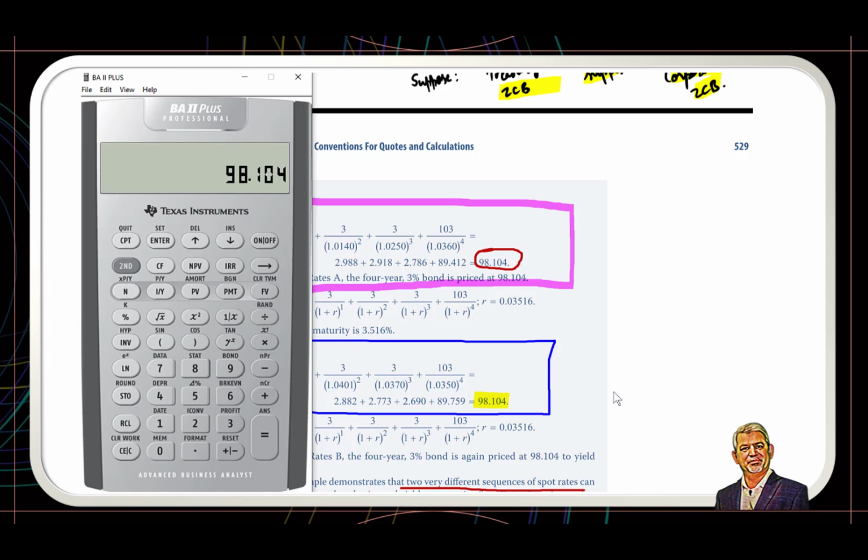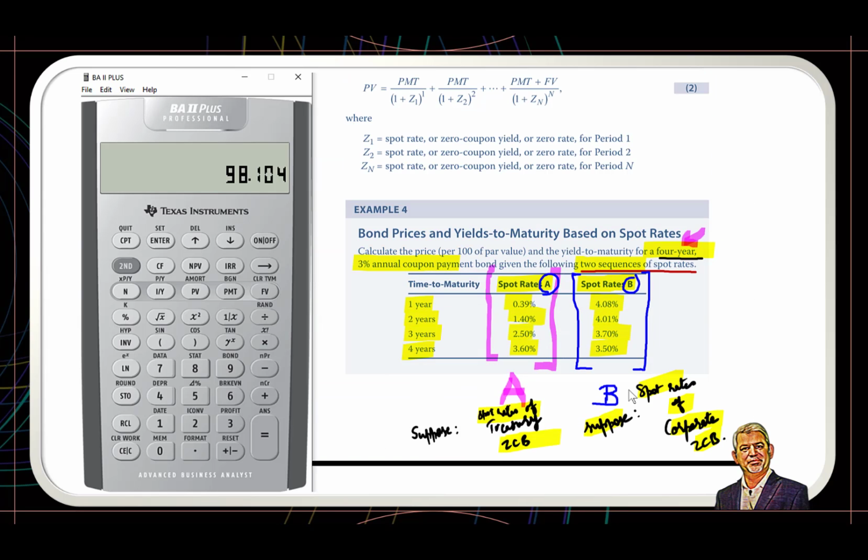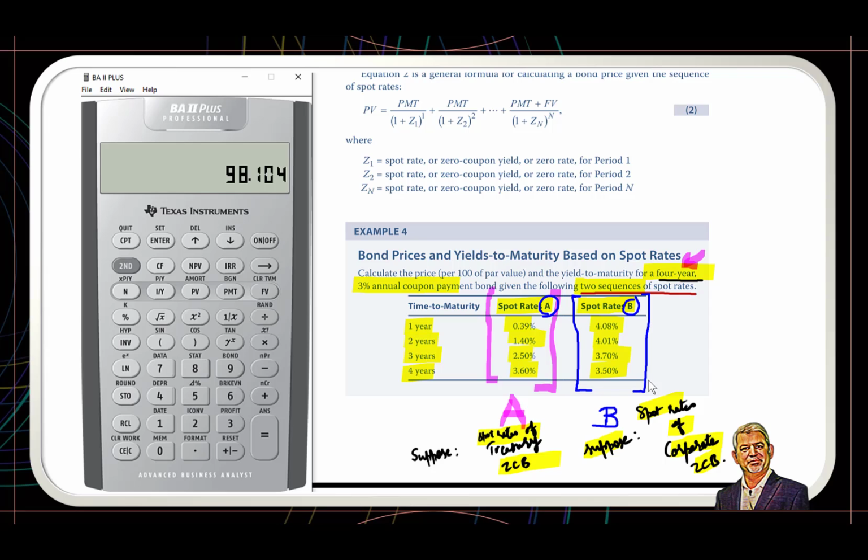So whether you use series A or series B for discounting the cash flows of the bond, you will end up getting the same bond valuation.